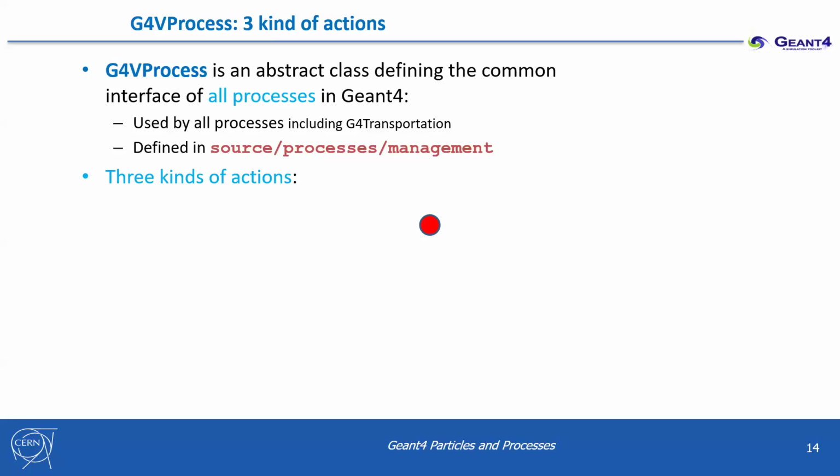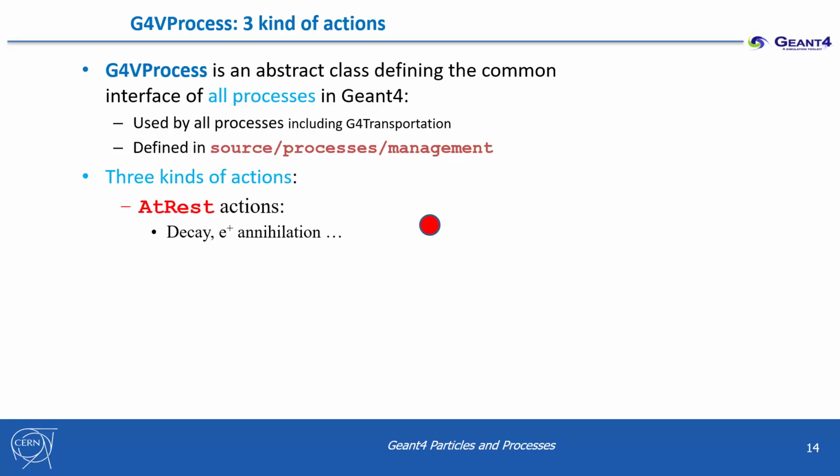A few words about G4 process actions. As we discussed before, G4VProcess is an abstract class defining all physics. And in this abstract class, there are a number of interfaces. And there are interfaces which correspond to actions.